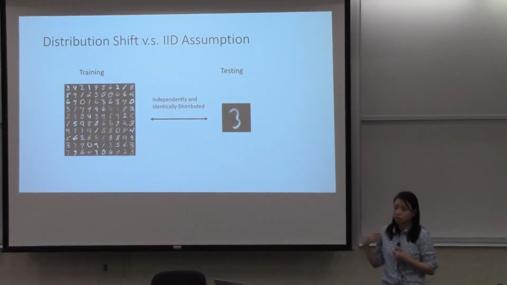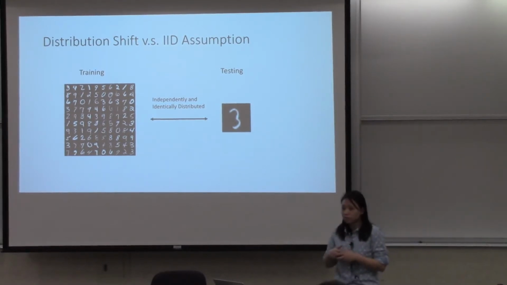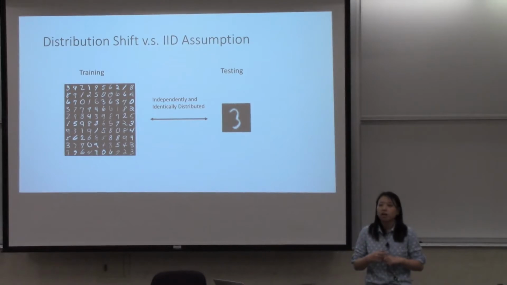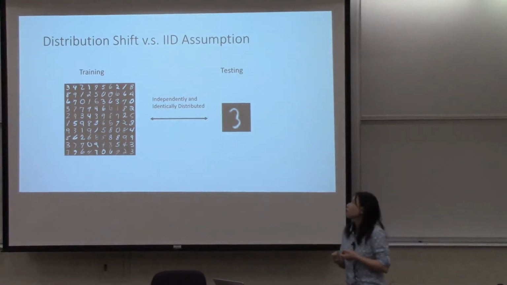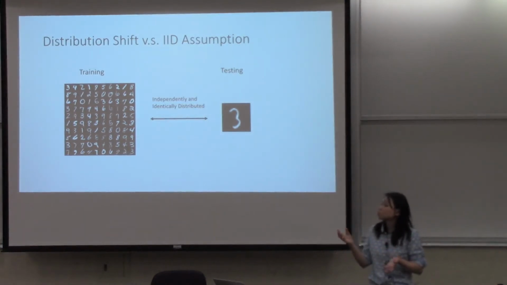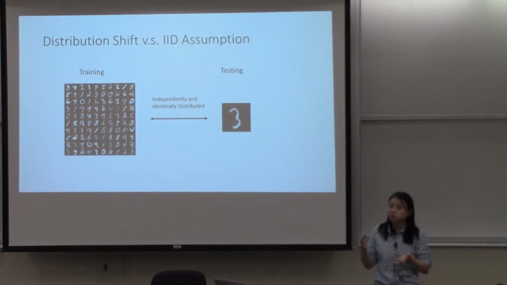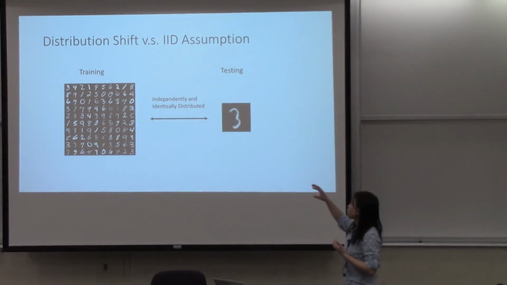So in traditional machine learning, we assume the data distribution is the same between the training data and test data. For example, in the MNIST case, if you have a benchmark data set as MNIST and you collect a lot of data of human handwritten digits, then when we test our algorithm, usually we just withhold a portion of the data from the same pool.